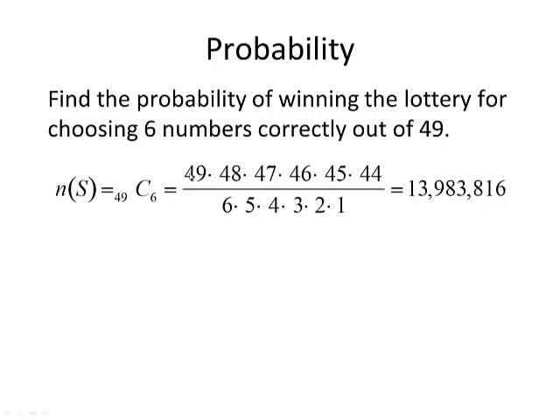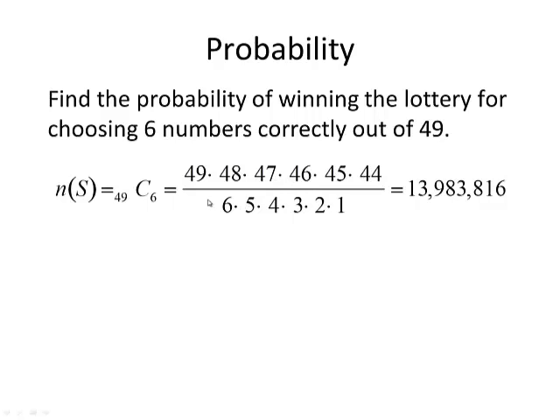That means it's going to be 49 times 48 times 47 times 46 times 45 times 44, because there's 49 numbers to choose from. Once you choose one, there's only 48 numbers: 47, 46, 45, 44. And from yesterday's video, you know the fundamental theorem of counting: you multiply all of these together.